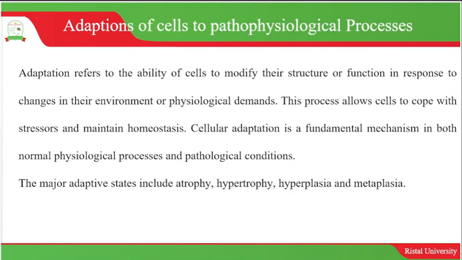The word adaptation refers to the ability of the cells to modify their structure or function in response to changes in their environment or physiological demands. This process allows the cells to cope with the stressors and maintain homeostasis.